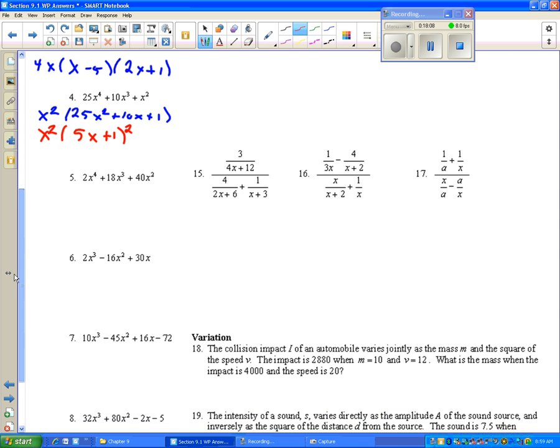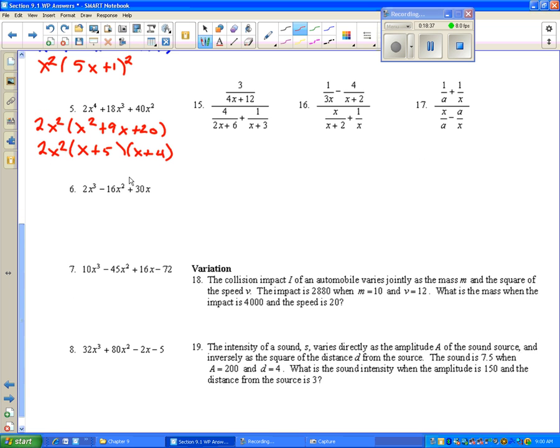Let's continue to number 5. My greatest common factor of 2x to the fourth plus 18x cubed plus 40x squared is going to be 2x squared. That's going to leave me with x squared plus 9x plus 20. I want to think about what will multiply to be 20 and add to be 9. With that, I get 5 and 4, and that's my factors.